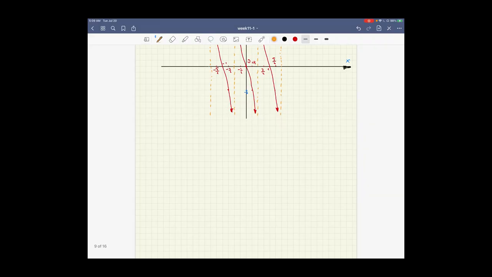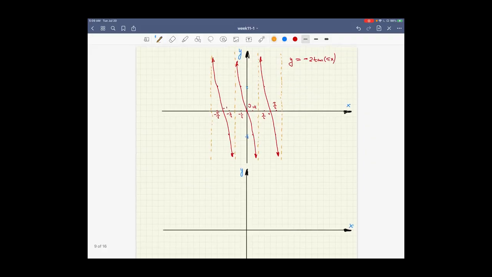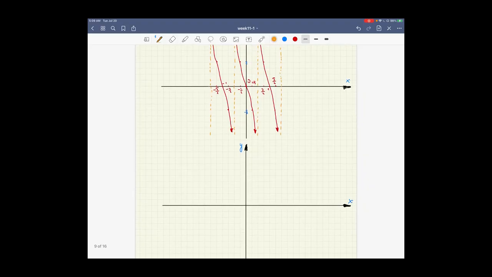All right, so a new set of coordinate axes. Asymptotes stay where they were.